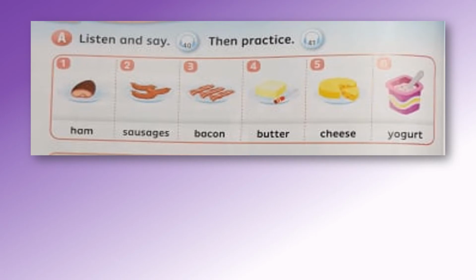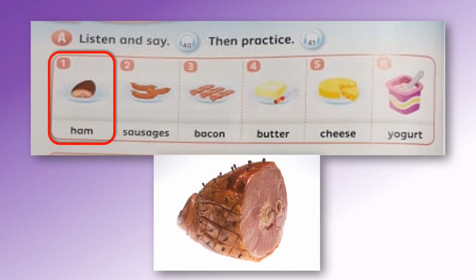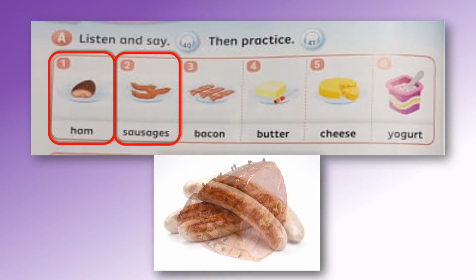Here are the 6 new food words. Let's just practice these. We will talk about them afterwards, but let's just practice how you say them now. So here we go. Number 1, ham. Ham is from a pig. Number 2, sausages.